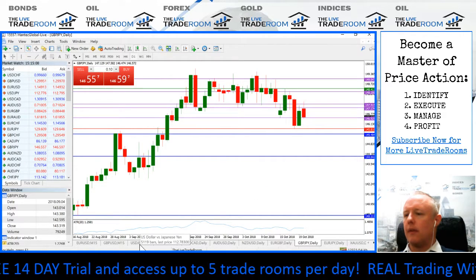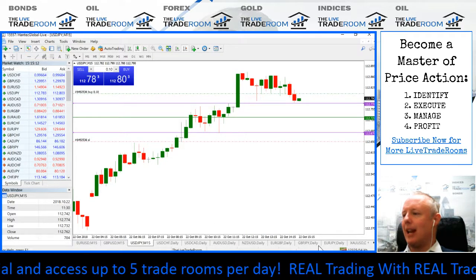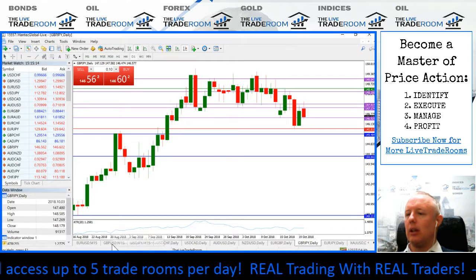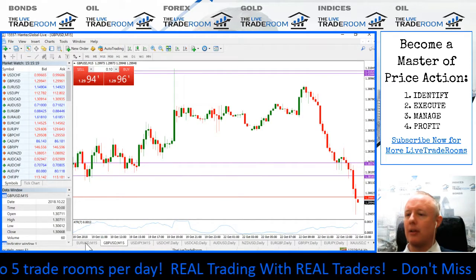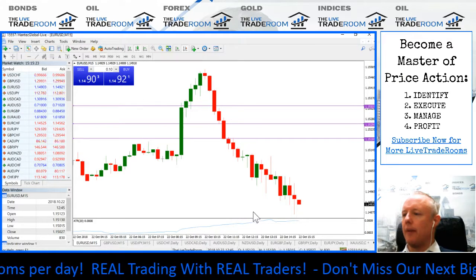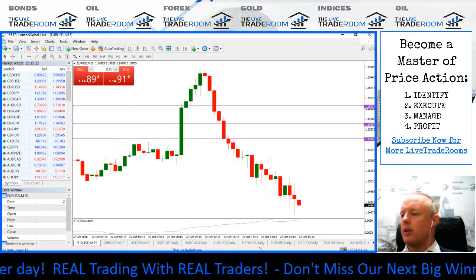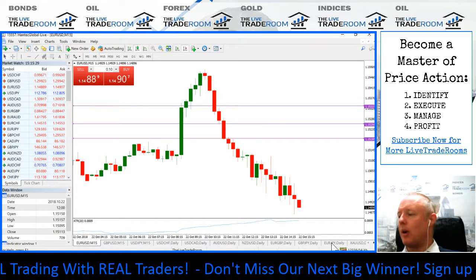The dollar is strengthening against the yen. The yen is strengthening against the pound. The pound is selling off against the dollar, so it does add more momentum to the downside for sure. And the dollar is strengthening against the euro. So there is dollar strength in this market, but there is a little bit of yen strength as well.